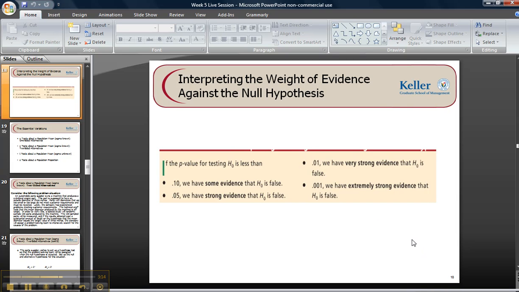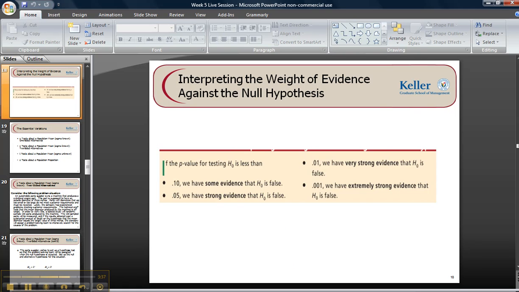Here, notice it has, if the p-value for testing the null is less than this value, then you have some evidence. So remember, that's important. If p is less than alpha, you reject. That's what evidence you have to be able to support your claim.